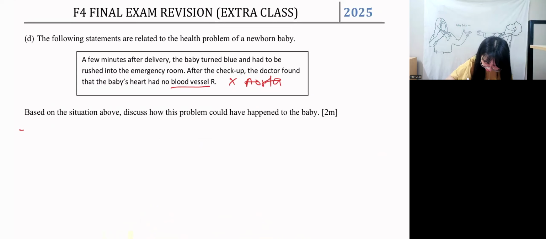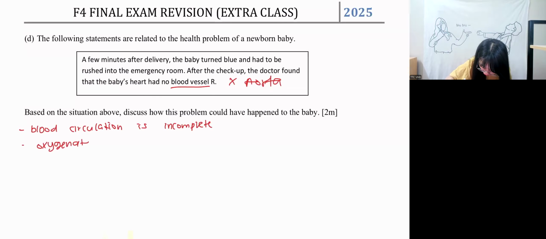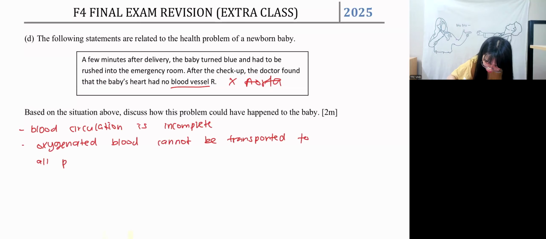So we have to say the blood circulation is incomplete. Oxygenated blood cannot be transported to all parts of the body.